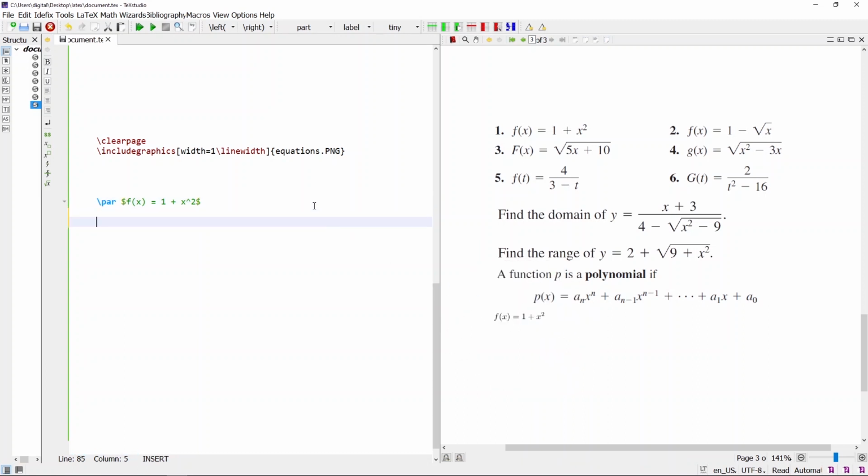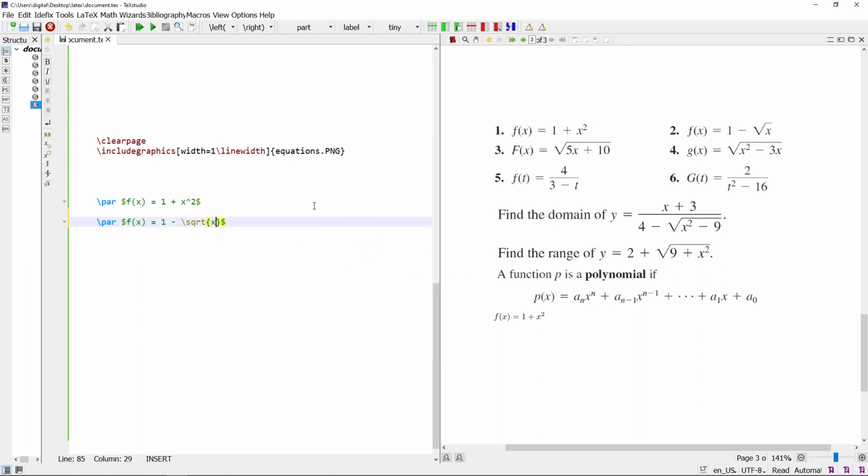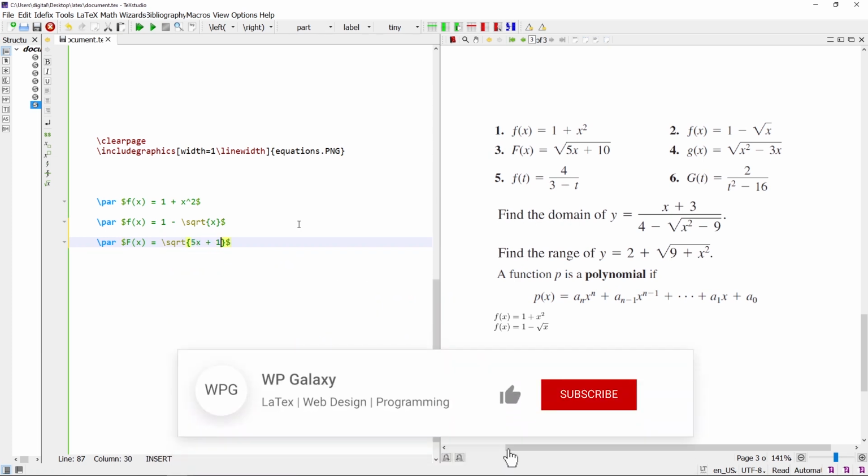Similarly, the second expression, f of x is equal to 1 minus square root of x. The second equation is coming here. Write the third equation, f of x is equal to square root of 5x plus 10.